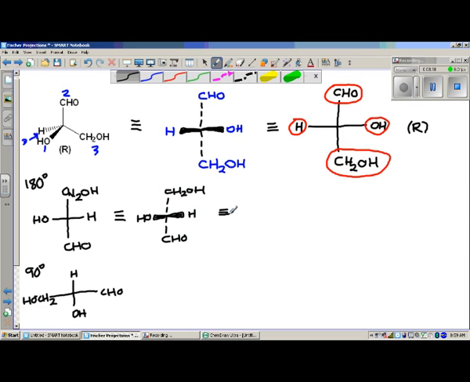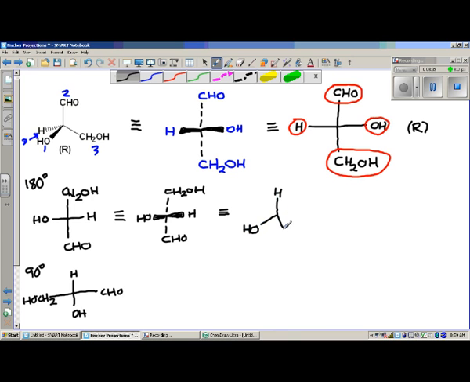This is the point where having models would be very, very helpful. You need to rotate this so the two bonds coming out towards you are in the plane of the board, with the hydrogen going up and the OH going down to the left.